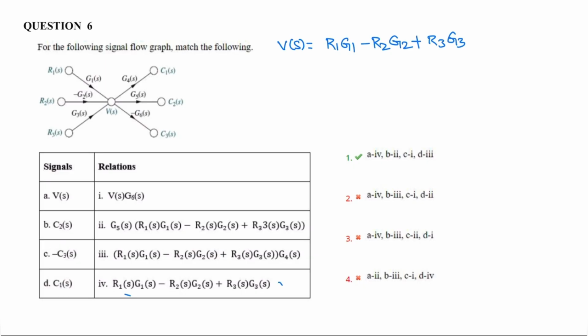Next, C2 of s is G5 into V of s, so G5 into R1 G1. Next is C3 of s. From this, it is G5 of s into V of s.